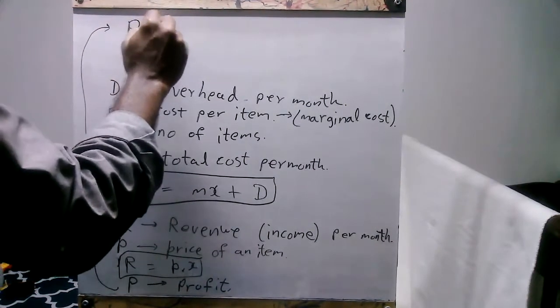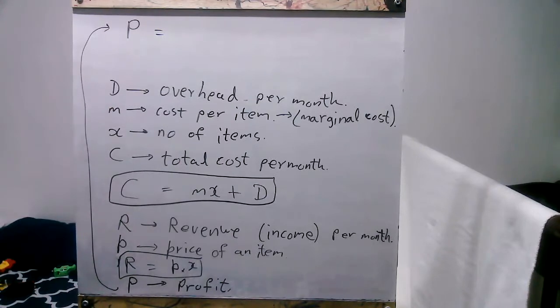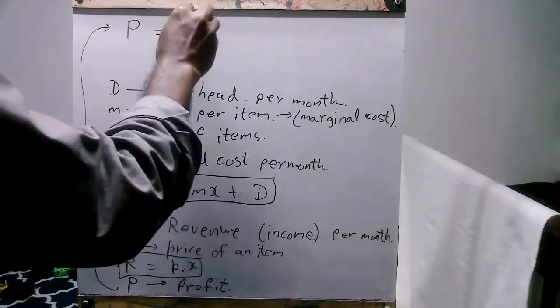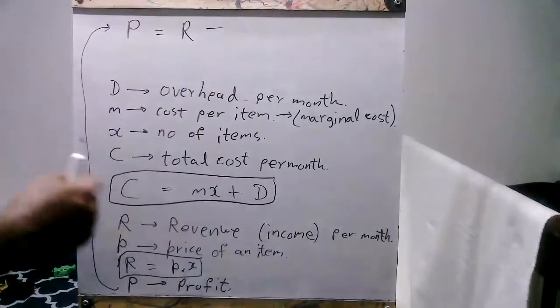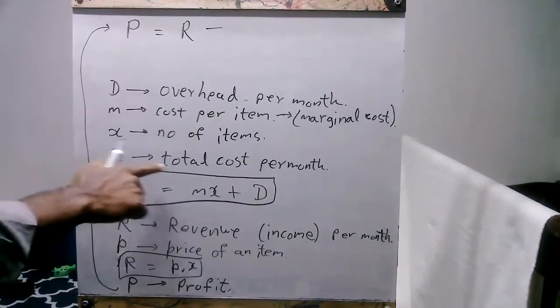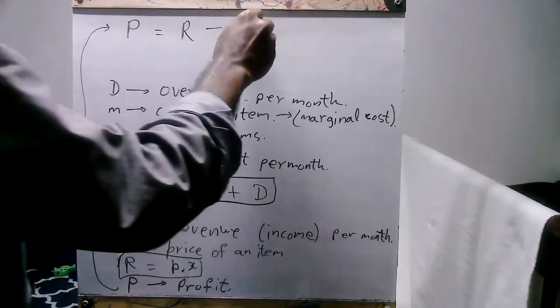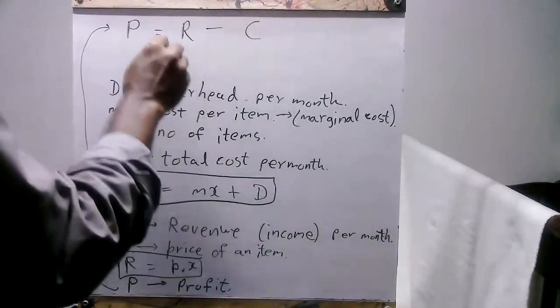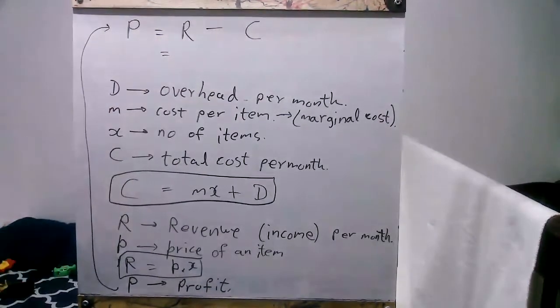Profit is your total income minus expenses. Total income is revenue, which is R, minus your total expenses, which is this total cost, capital C. Okay.